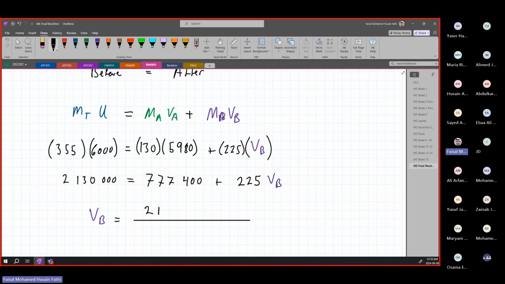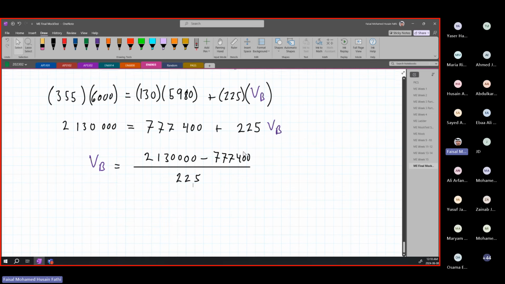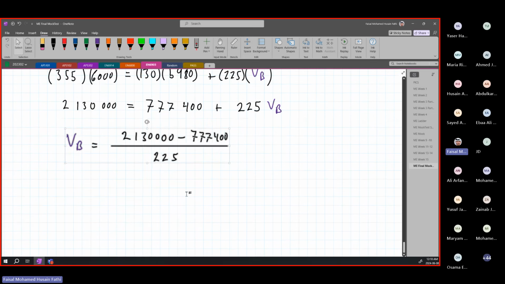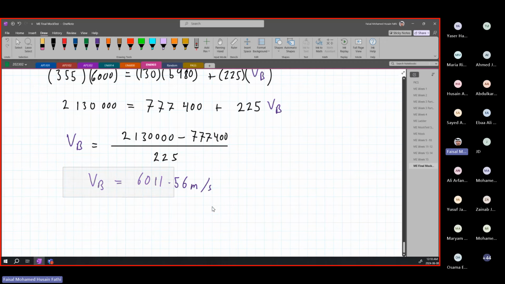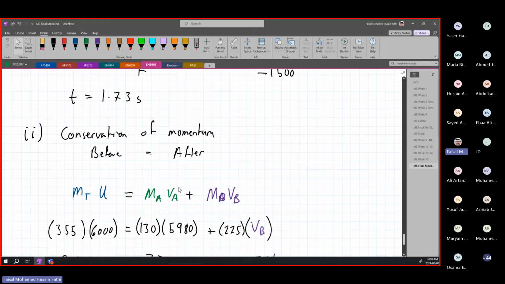It will be 2,130,000 minus 777,400 divided by 225. And this is going to be your VB value, which is 6,011.56 meters per second. All right? This is your final value for the satellite.